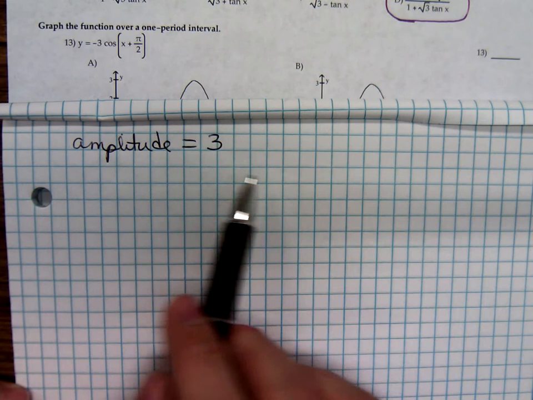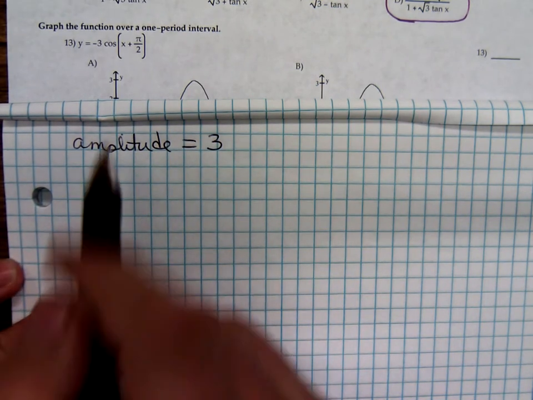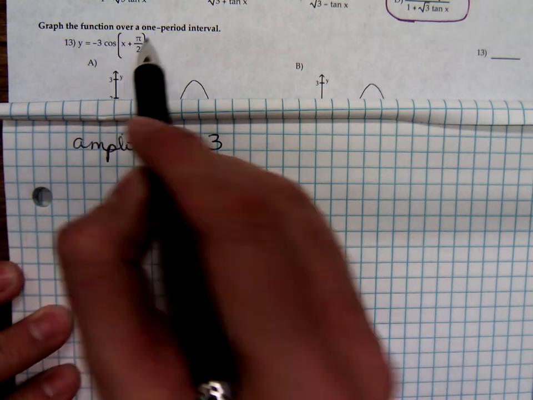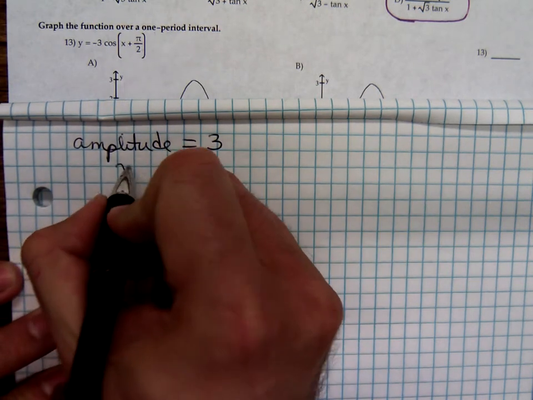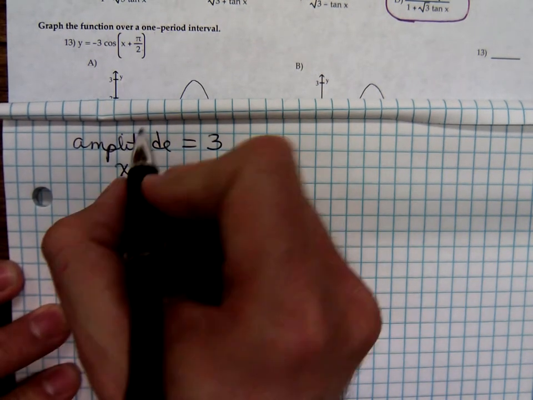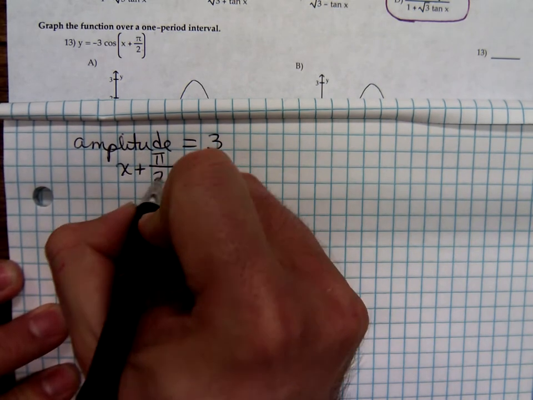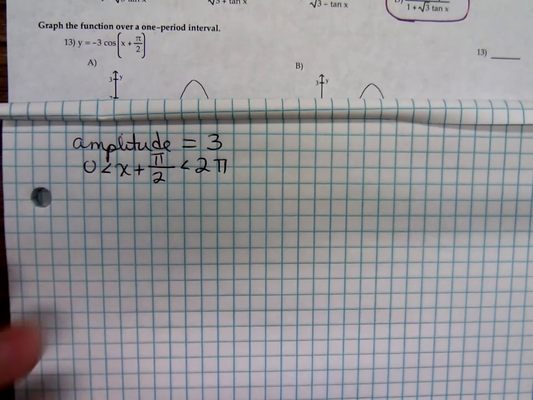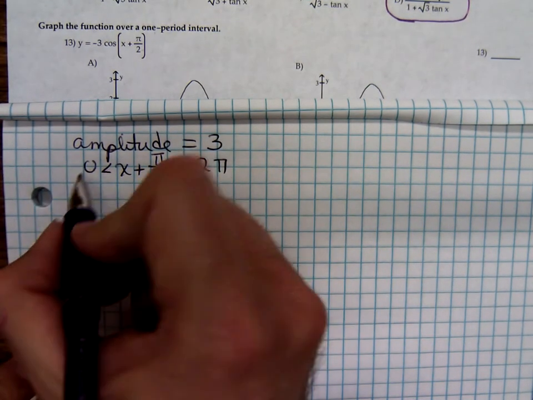To figure out where the graph starts and stops, you take the angle, that's the stuff immediately after the trig function, the x plus pi over 2, and set it between 0 and 2 pi. And I guess we can subtract pi over 2 all the way through.